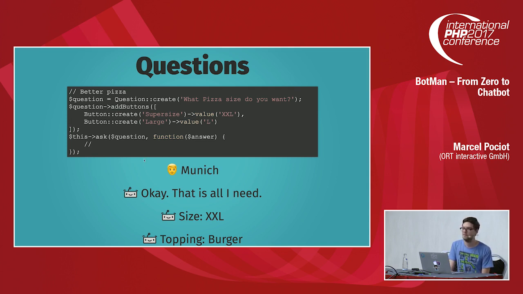More questions? What information do you get about the user? This is also very messaging service dependent. For example, with Facebook, you only get the first name, the last name, and the profile image. For Facebook, you also have the ability to link accounts. The Facebook Messenger user ID is completely different from the Facebook user ID, and when you link accounts, you can get more information.